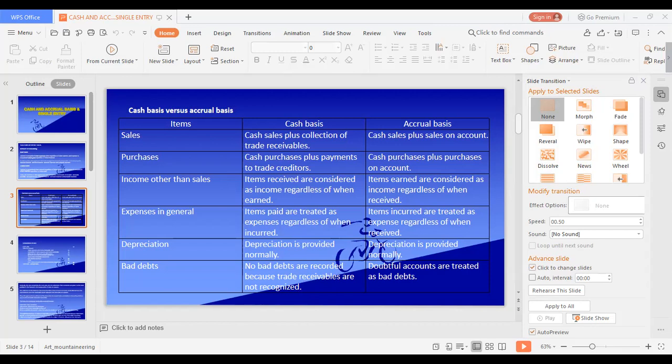So for January 1 and December 31, for January 1, our total assets, we have from cash up to equipment. The total assets amounted to 6 million. So you just add cash, notes receivable, accounts receivable, merchandise inventory, and equipment.